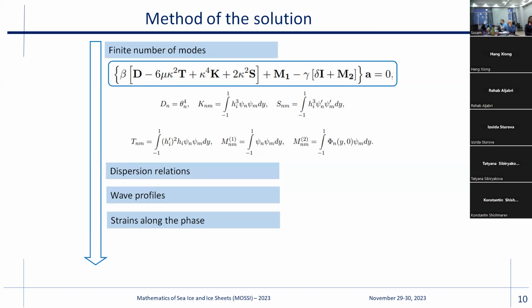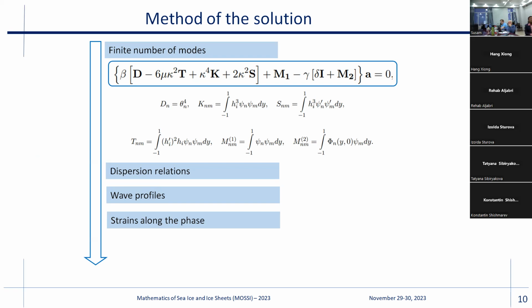The advantage of the constructed modes psi n is that they are orthogonal, so we can be sure that all matrices in this matrix problem will be symmetric. The dispersion relations are solved as eigenvalues of this matrix, and corresponding principal coordinates an are solved as eigenvectors of this matrix problem. Then, once we found dispersion relations, we can calculate phase and group speeds and then find wave profiles across the channel and maximum strains in the ice cover.